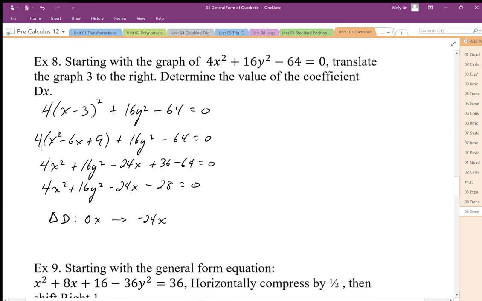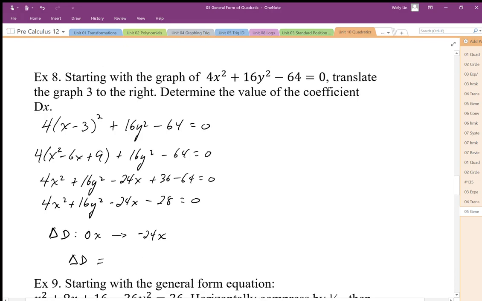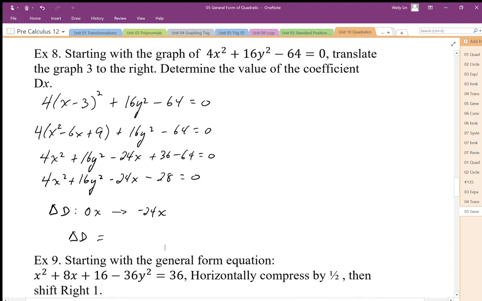So what we can say is our change in D is going to be affected by 4, so it's going to be A times 2 times change in P. Not change in B, but change in P. The change in P is our 3 here.